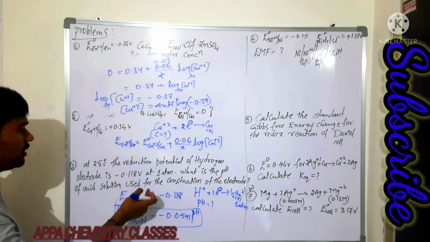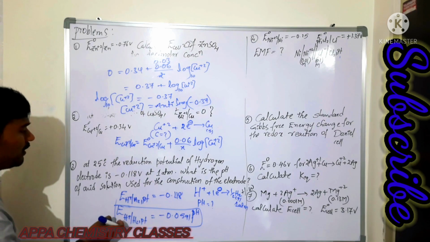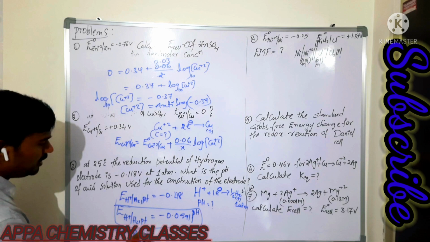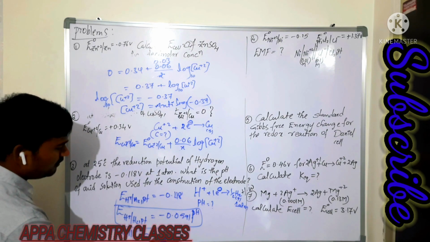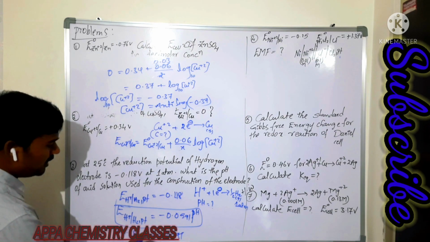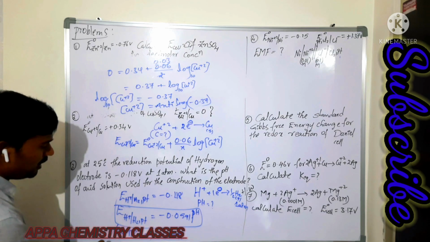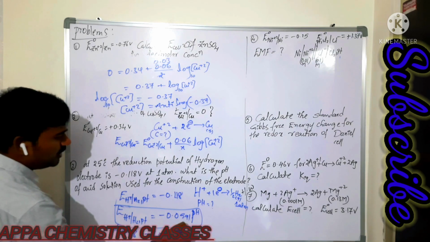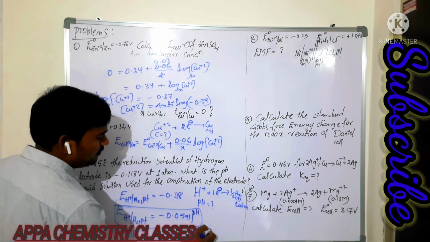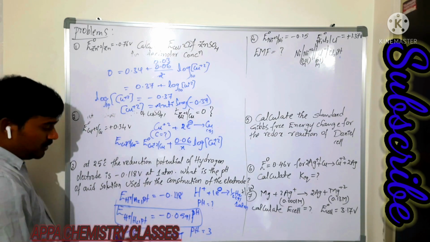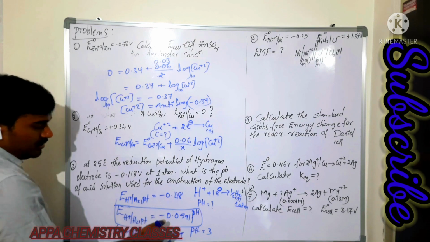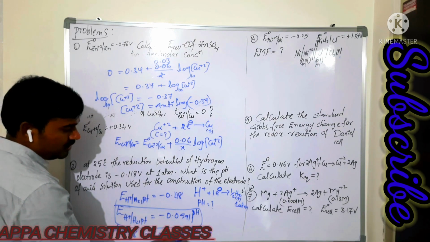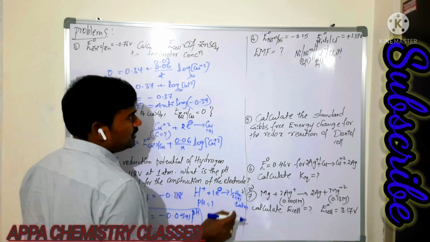Now they are asking to calculate the pH value. They have given the reduction potential, minus 0.118, is equal to minus 0.0591 pH. So these minus signs get cancelled. It will be approximately 3 times. So pH is equal to 3. Is that clear? Whenever it comes to this side, it will be in the denominator. So the pH value is 3.